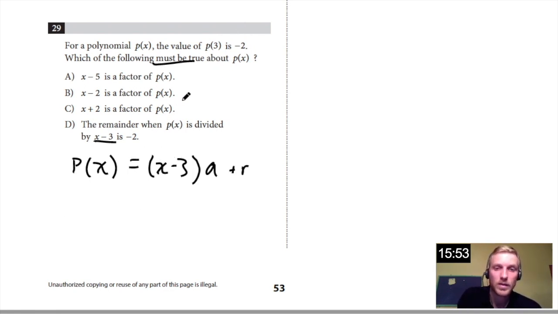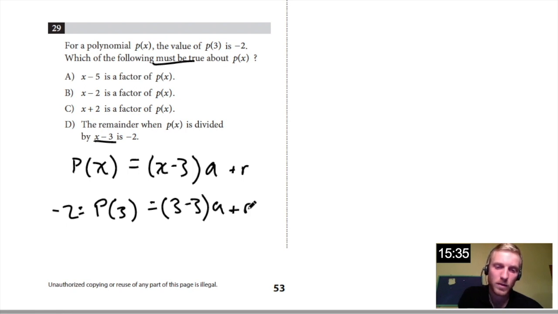All right, so now you can see where the 3 is going to come into play. So in the case of p of 3, we know that the answer is negative 2. So we can say negative 2 is equal to p of 3 is equal to, and now 3 is going to come into play. We're going to have 3 minus 3 times a plus r. The reason this 3 is important, 3 minus 3 is 0.